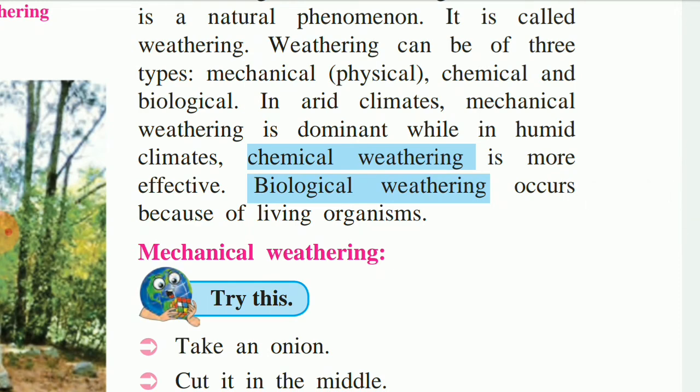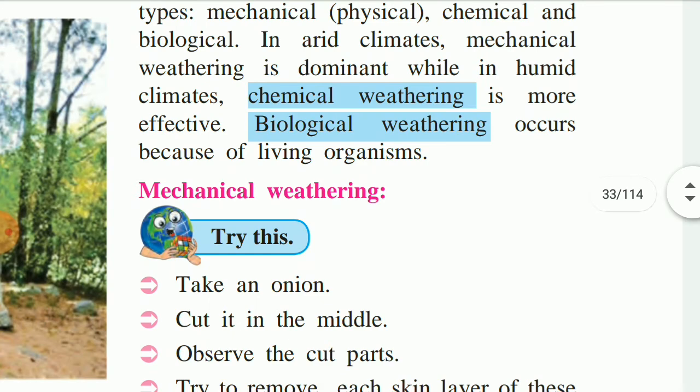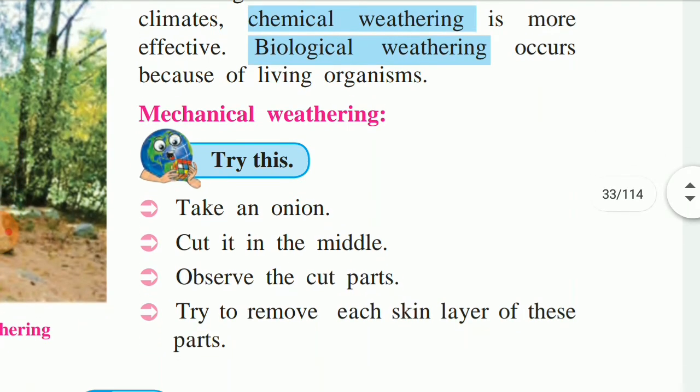Try this. We all are going to do this experiment, and then each one of us will write down what you feel about it. Take an onion. Everyone has onions in their houses, so take one piece of onion and cut it in the middle. Let us cut it and observe the cut part.